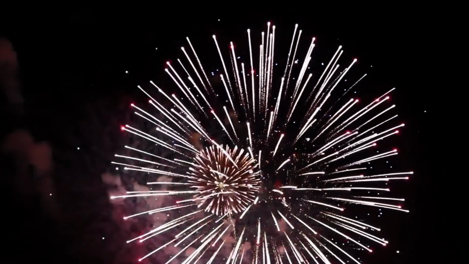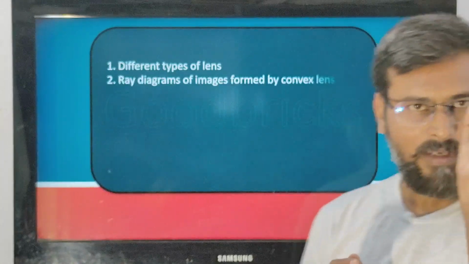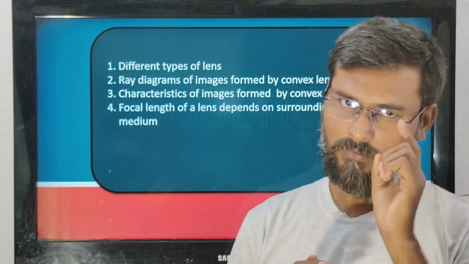So let us quickly start our lesson 4 discussion as part of our Fatafat Dhanadan session. Now we are going to discuss some important topics of the fourth lesson.